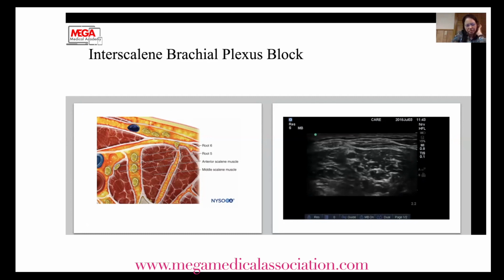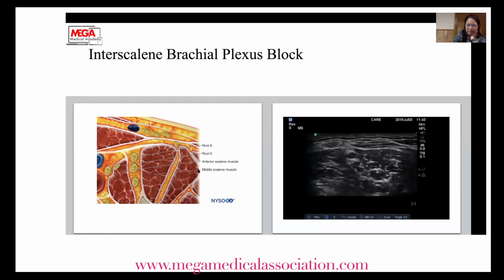It's very useful to know that, but with the ultrasound, you might not need to do that, or sometimes patients are obese and you cannot find these landmarks. So here you have two important landmarks to look for. This is the anterior scalene muscle, and this is the middle scalene muscle. You have to find the middle scalene muscle and the anterior scalene muscle, and the nerves are sandwiched in between.